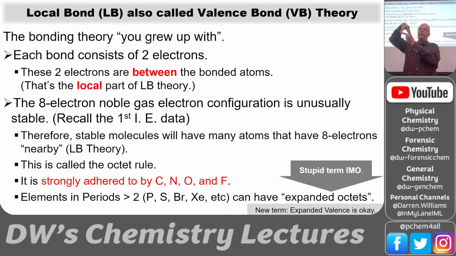There's 5 vertices, and that's where the chlorines are, and the phosphorus in the middle. But you can't make nitrogen pentachloride or pentafluoride. It's just too small. And so nitrogen really is capped out at 8. Phosphorus can go up to 10 in that case because it's sharing electrons with those chlorines. Same with arsenic and so on. So this is the local bond theory.